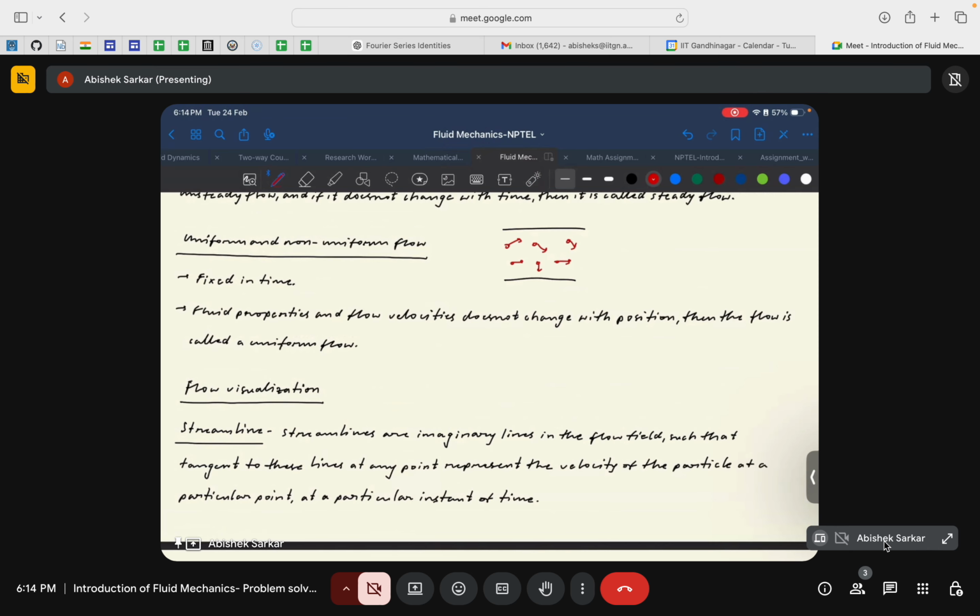Okay, it might be something like this, something like that. But interestingly enough, you're seeing that these random orientations are maintained for a period of time. So for that period of time, if these random orientations or flow velocities are maintained, we say that the flow is non-uniform, of course, because the flow field is not uniform across the domain.